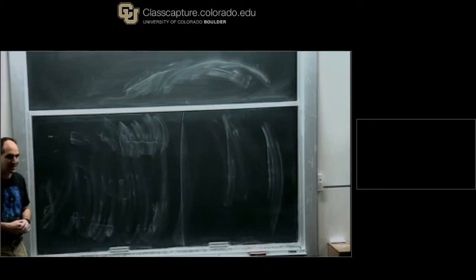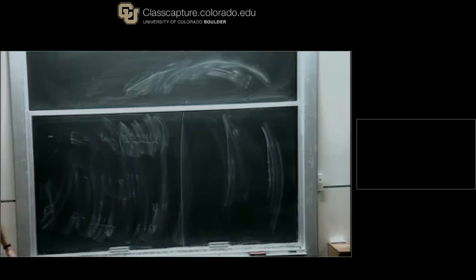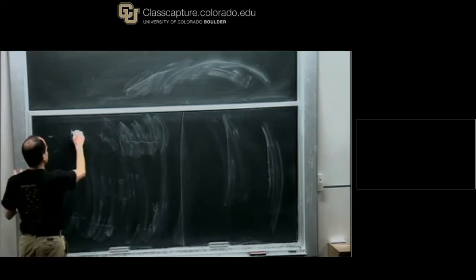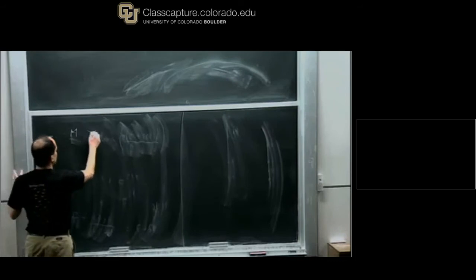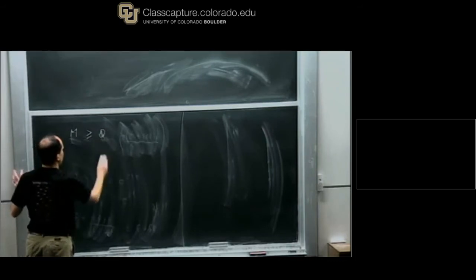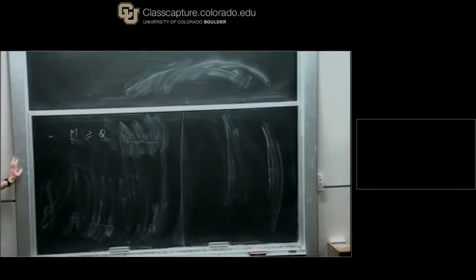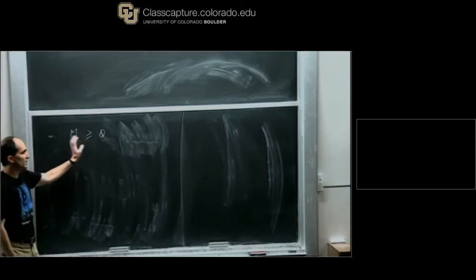These black holes sometimes can have charges, let's say angular momentum or electric charge, for example. Let's say it has electric charge. Then you typically find that the mass has to be bigger or equal than the charge in order to have a reasonable solution without naked singularities. This is in some units of measuring the charge.